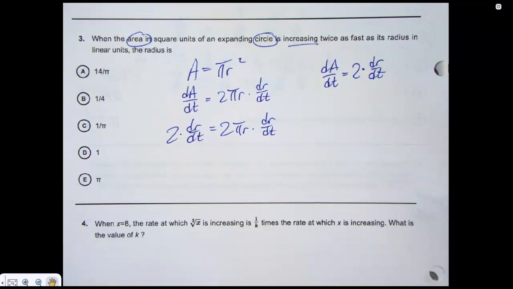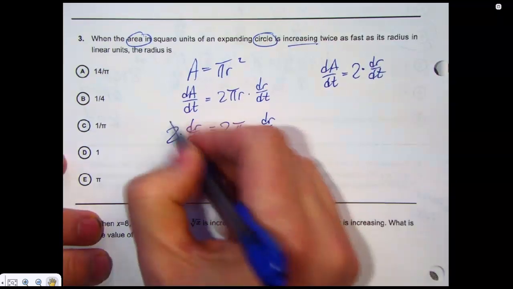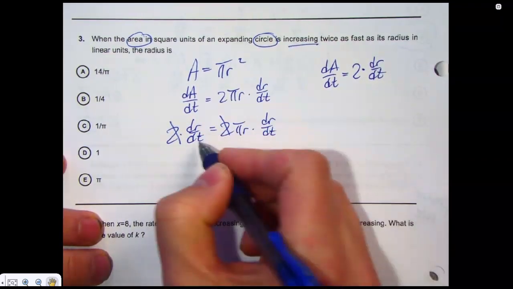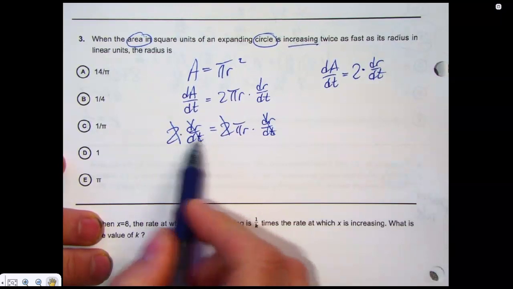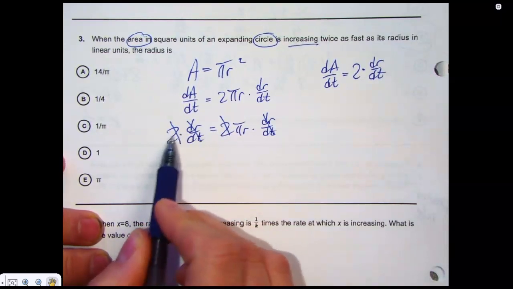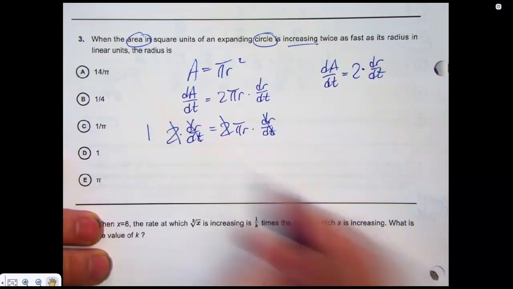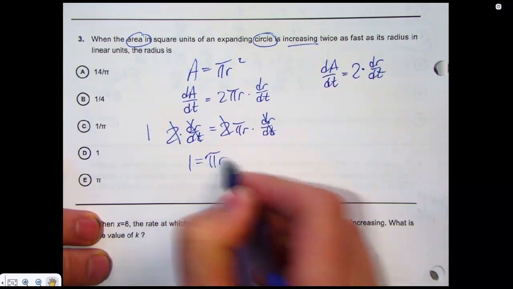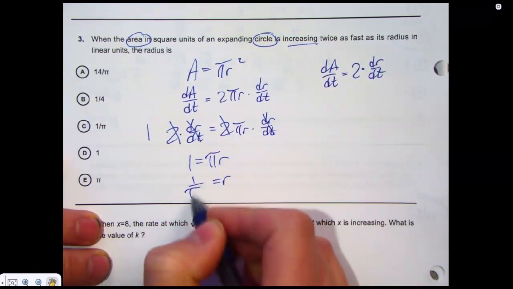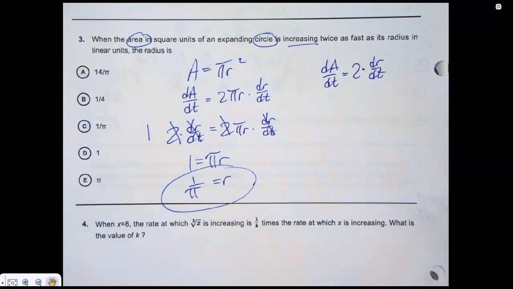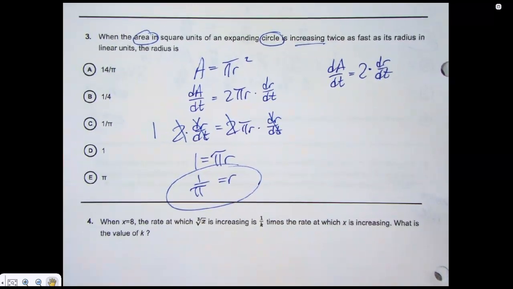So what can I cancel out here? Cancel out the dr dt, but be careful because you still have something left over here, even though we cancel. What's really over there is a 1, right? So you got 1 equals pi r, or r equals 1 over pi. Questions there?